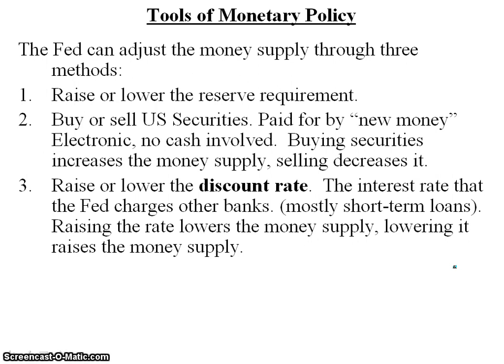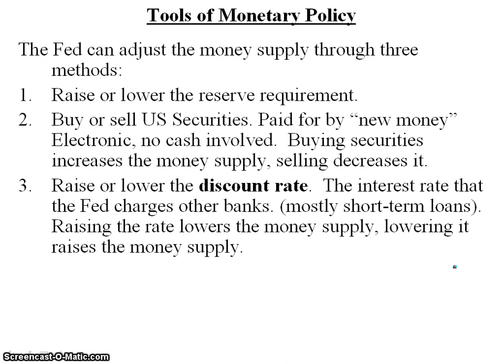Okay, so number one, they can raise or lower the reserve requirement. Looking back at the last section, the reserve requirement is how much banks must keep in their vault. When people deposit money in the bank, they only have to keep a certain amount on hand. That's to cover short-term bills and things like that.